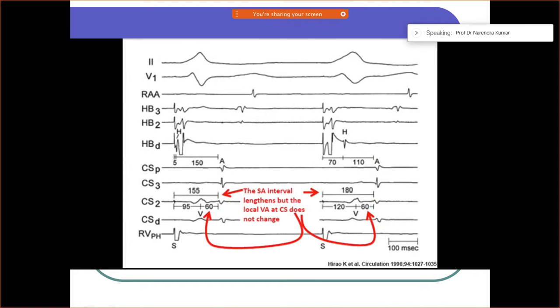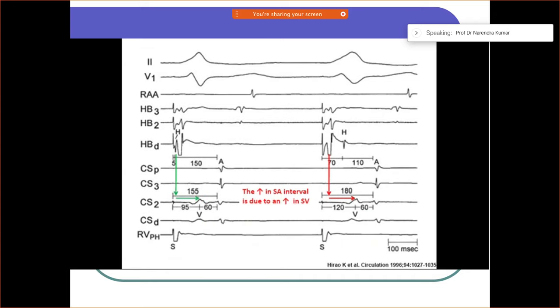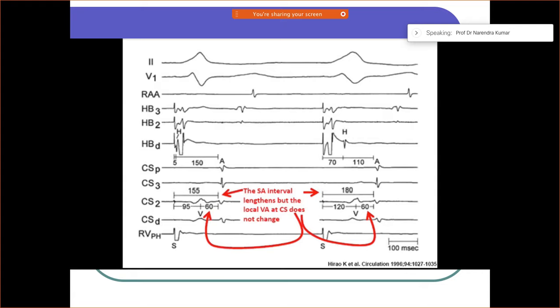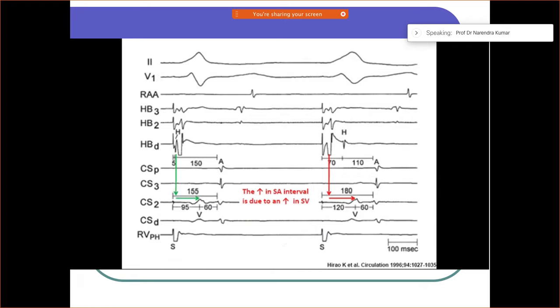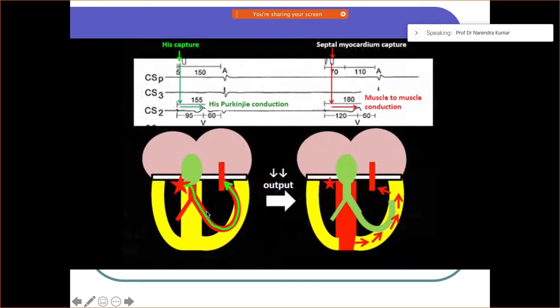Then if we look further carefully, we notice the SA interval lengthens, but the local VA at CS does not change. It remains constant. In fact, the increase in the SA interval is due to an increase in the SV interval. Agreed?